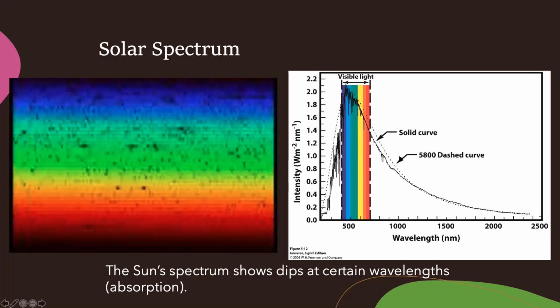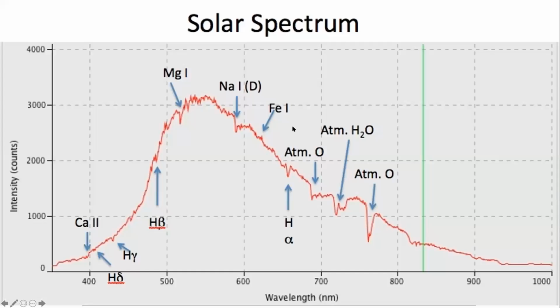So let's move on. Right? Very specifically, certain curves, certain dips, I should say, in this spectrum help us to identify certain elements in the sun's atmosphere. For example, this dip on the bottom left indicates that there is calcium-2 in the sun's atmosphere.